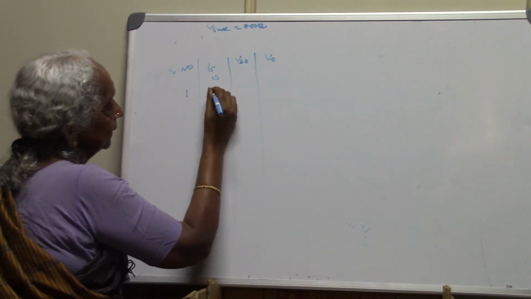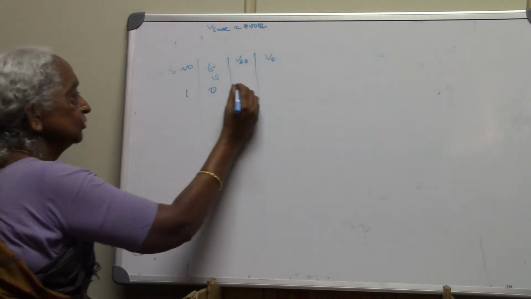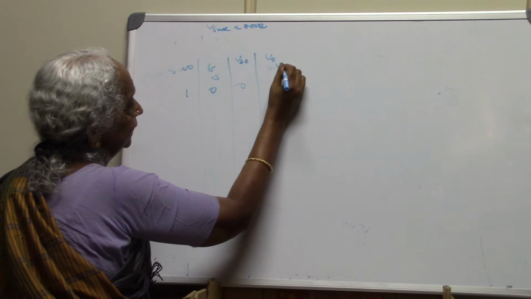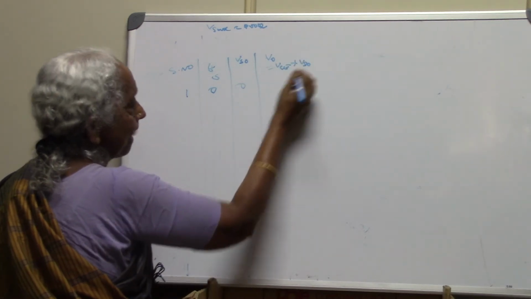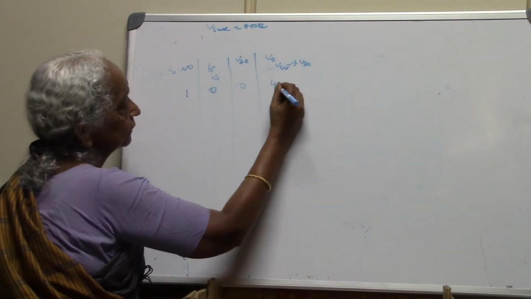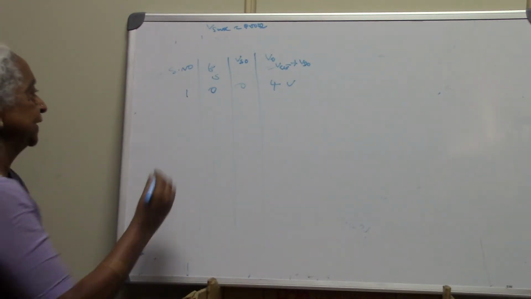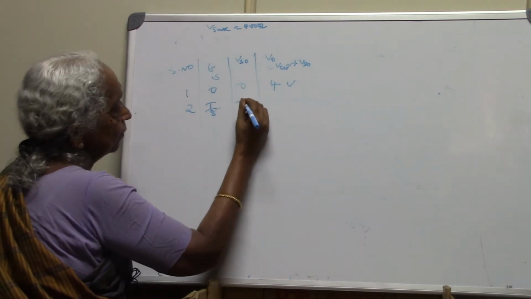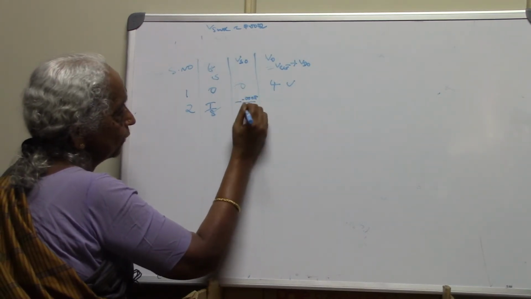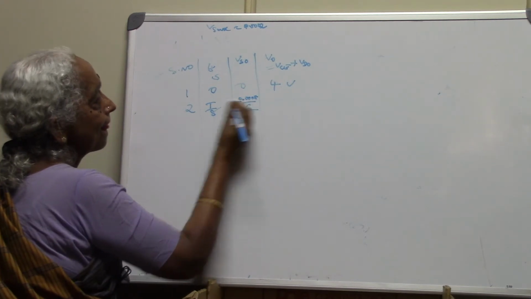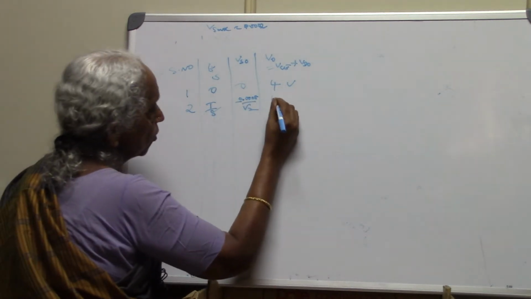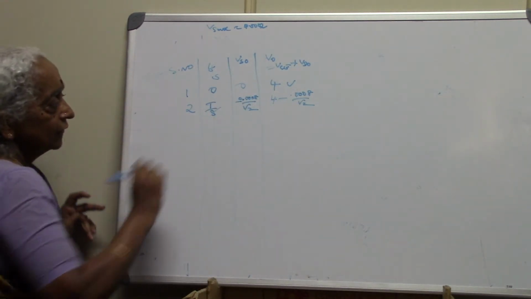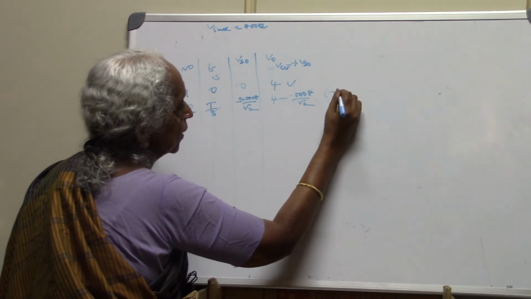Serial number 1, at t equal to 0, my VSO was 0, and therefore my VO was equal to VCE plus VSO. That will be 4 volts. Then serial number 2, T by 8, this was minus 0.0008 by root 2, so this will be 4 minus 0.0008 by root 2. This will come on the negative y-axis.